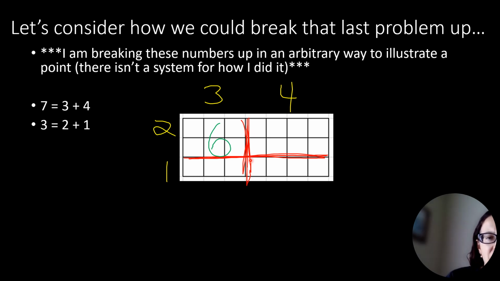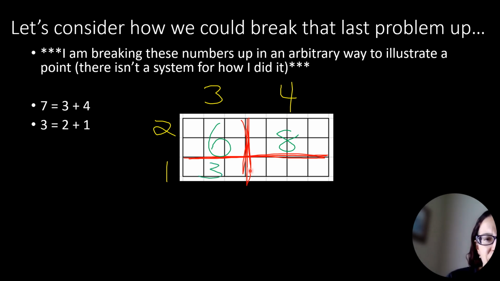This rectangle here has a height of 2 and a width of 4, so 2 by 4 is going to give me 8. This rectangle here has a height of 1 and a width of 3. 1 times 3 is 3.